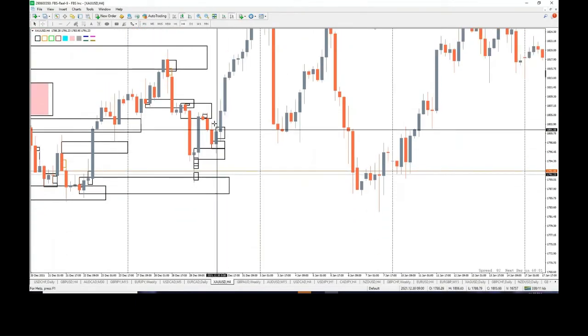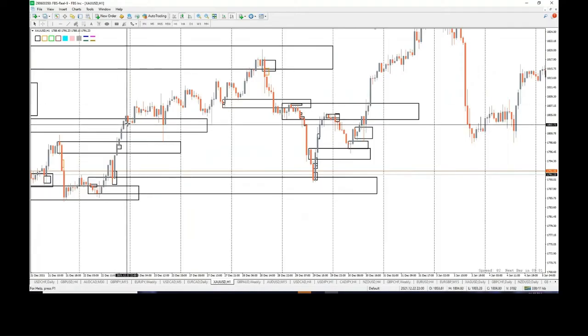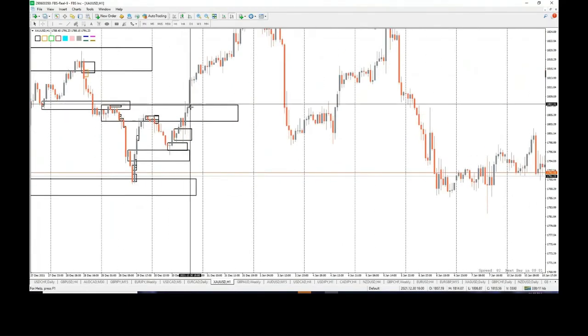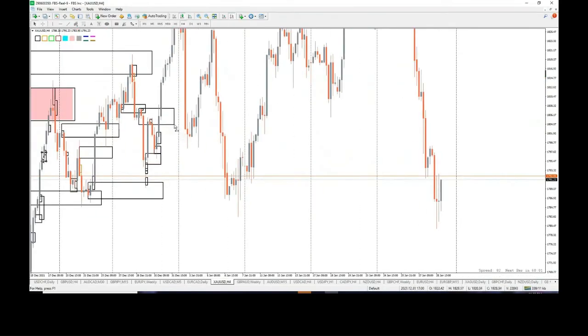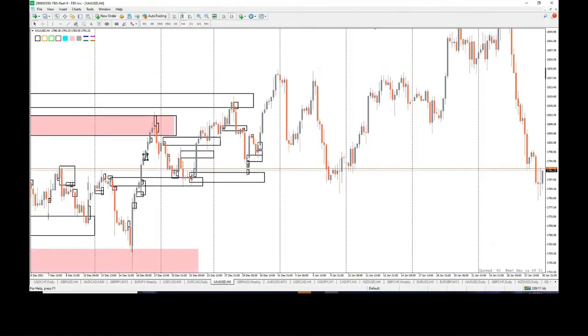H4 to H1, and we can go for this zone for a block, right? But there's no confirmation for sell, so we don't sell. Just go for buy to the next H4 zone.